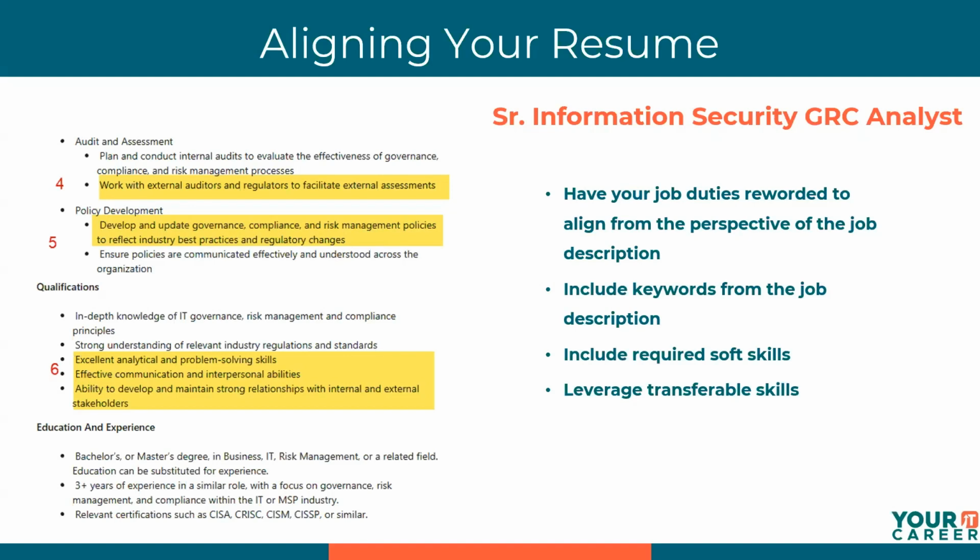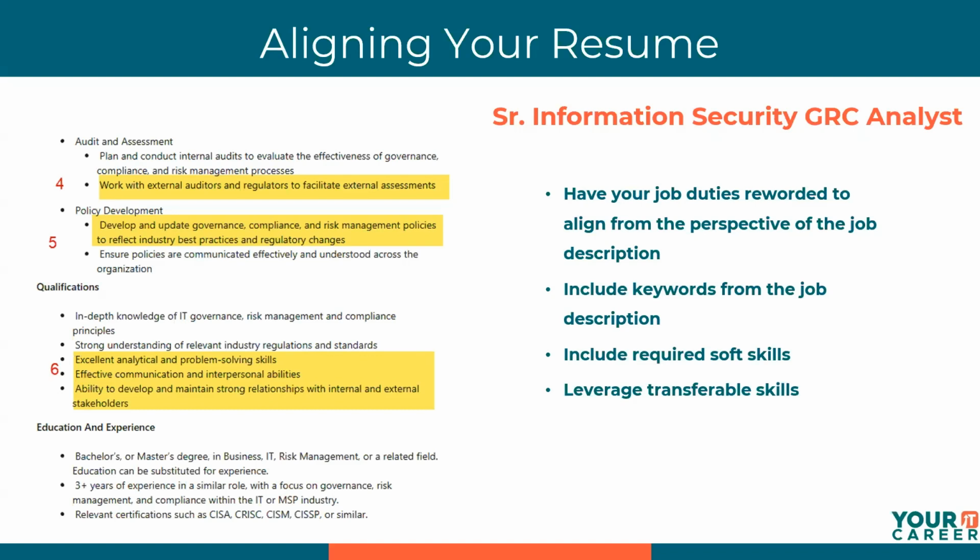So like I said on the first screen, you want to reword the job duties. Second is include keywords. So any of the keywords that you have here, you want to make sure you include them. The soft skills, like I just mentioned, you want to include them. And then you want to leverage any transferable skills that you may have that align with the job description. So you can see here, we're not glancing through a job description and then throwing any resume out there.